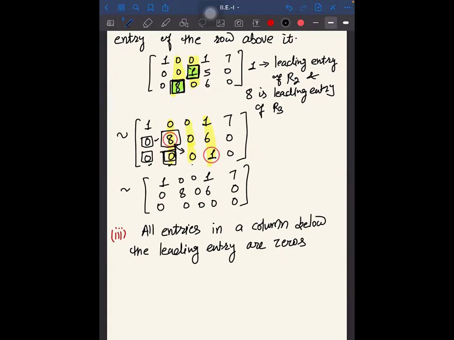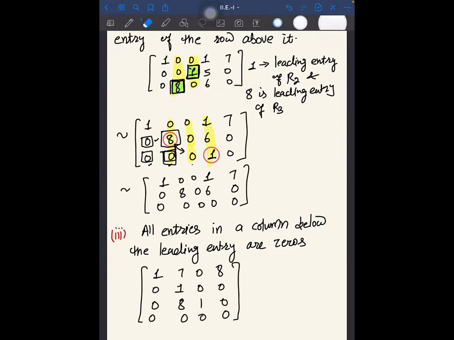So let's try one more example for this. Is it an echelon matrix? No, sir. Why is it no? Sir, below 1 there is 8. Exactly.